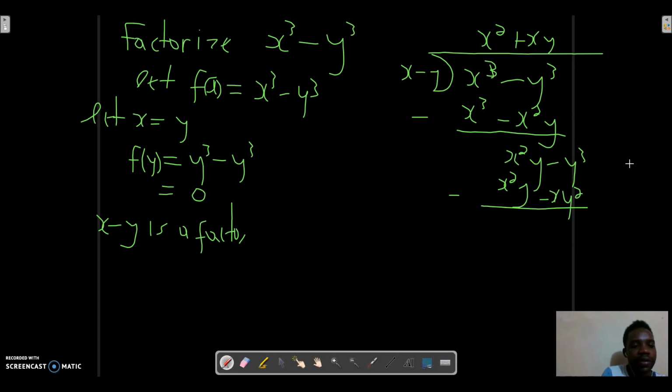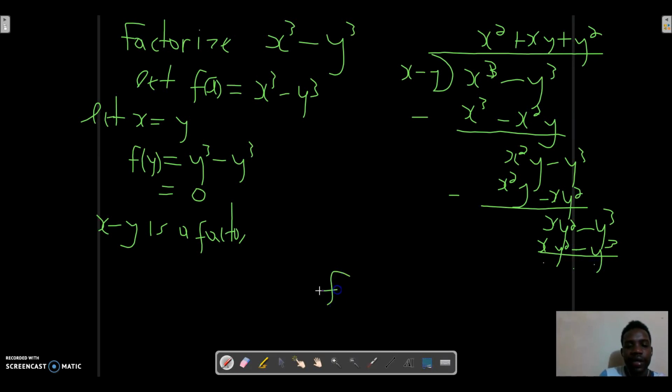I should have said xy squared, not x squared y. That will give me a positive xy squared. And once again, we carry down the minus y cubed. Now x into xy squared would just be y squared. And y squared times all this would give me xy squared minus y cubed. See, the remainder is 0. So once again, we have an idea that this is correct.